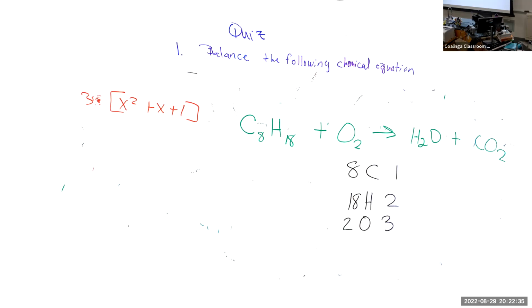So we need to put an 8 here. That is correct, because we're looking at the carbon, right? There's only one carbon. And then look at the hydrogen. Can we find 9? Do the math first. That's going to be 8.